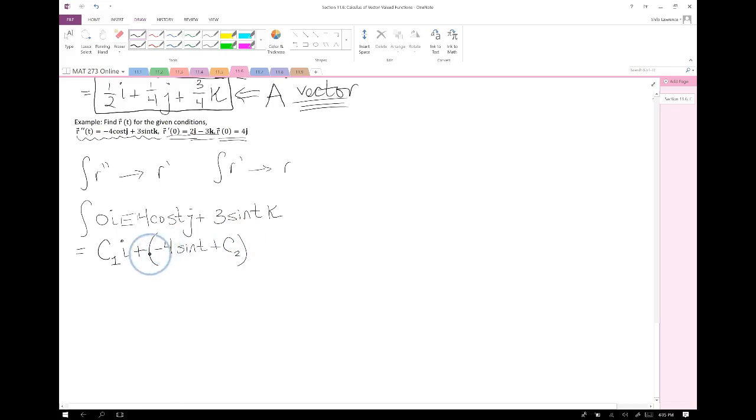And by keeping that negative with that first term, we're not confusing ourselves with the minus out in front and trying to decide if it needs to be distributed to both of them, which can get confusing sometimes. The antiderivative for 3 sine t is negative 3 cosine t, and then we have another arbitrary constant. So this is our preliminary R prime.